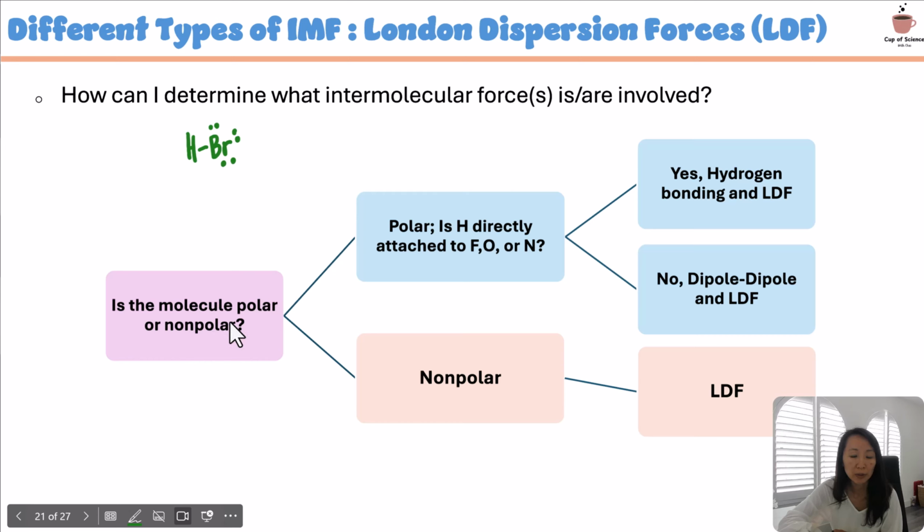So we know it's polar. Okay, so is hydrogen directly attached to F, O, or N? Fluorine, oxygen, nitrogen. None of those apply here, so the answer is no. And therefore this will experience dipole-dipole and London dispersion forces. Okay, so keep this in mind, and we're going to do another example.